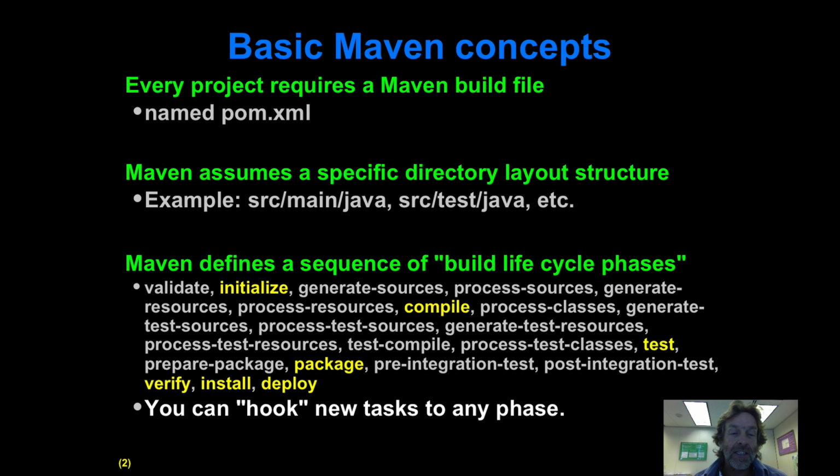And I've highlighted in yellow some of the more common lifecycle phases. So you have an initialization phase, then you do a compile, then you do a test, then a package, verify, and deploy, and so forth. Just so you can see that there are a lot of these other hooks in there to enable you to do various things, but it still goes through the standard build lifecycle.